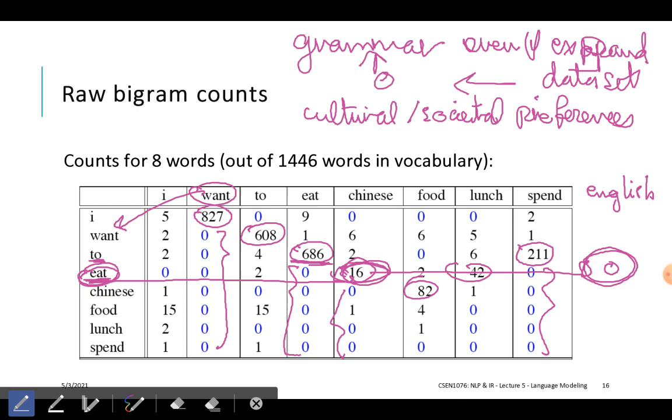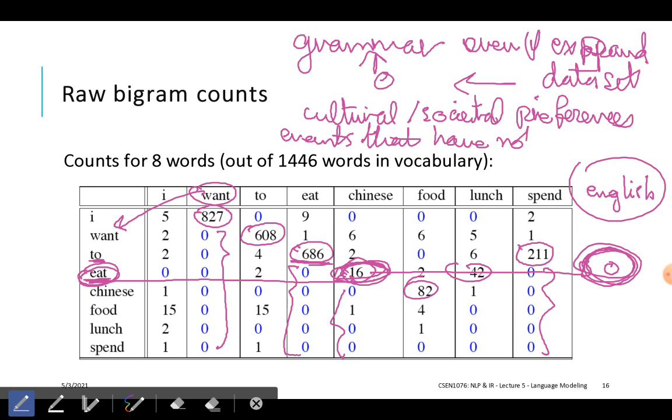People like to order Chinese food more than they order English food, and there is not really something that is called English food. Or it may reflect events that have not yet been seen in the corpus, sorry.